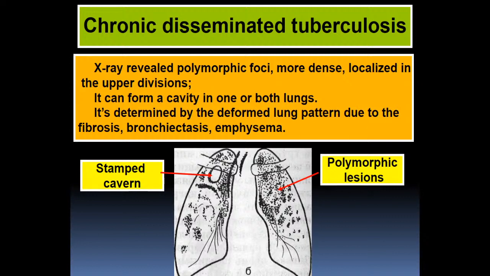X-ray revealed polymorphic foci, more dense, localized in the upper divisions of the lungs. It can form a cavity in one or both lungs. It's determined by the deformed lung pattern due to fibrosis, bronchiectasis, and emphysema.